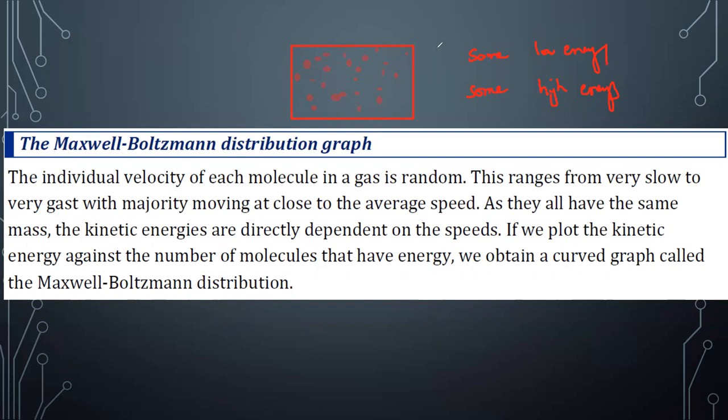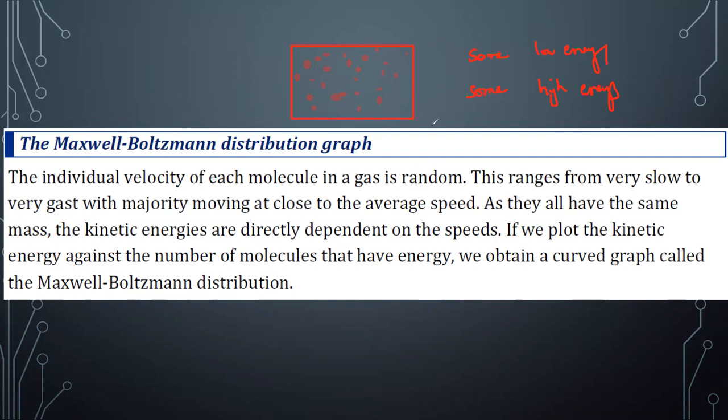So the individual velocity of each molecule in a gas is random, ranging from very slow to very fast. And the kinetic energy depends on the speed at which the particles are moving.